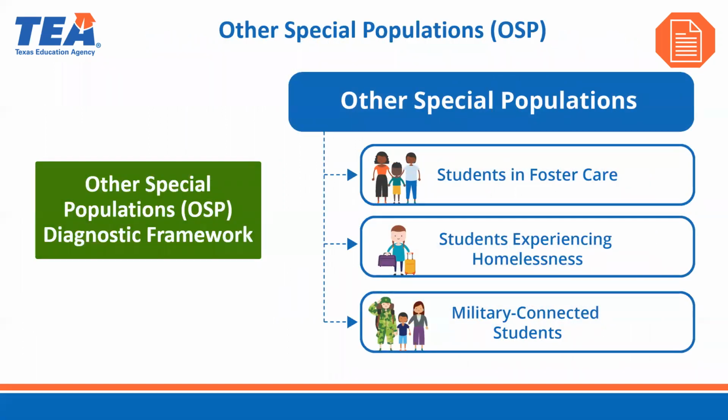In accordance with the results-driven accountability, the RDA framework, other special populations or OSP reporting includes indicators that are used to measure and ensure the academic success of students in foster care, students experiencing homelessness, or military connected in an LEA in Texas.